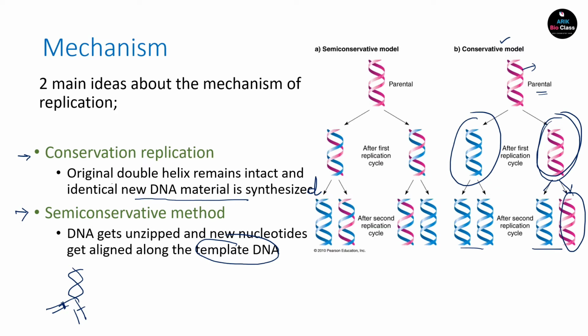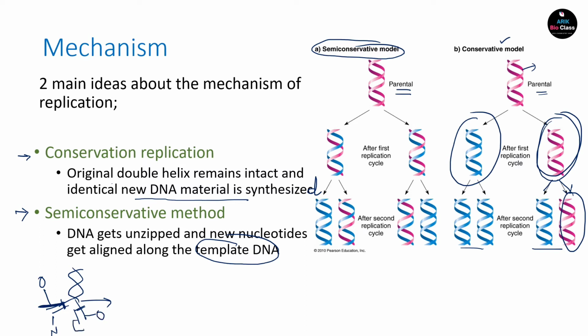Now what happens in the semi-conservative method? It is very important and the most accepted method. The parental DNA is this, and as I mentioned, it gets unzipped and certain enzymes work over here. One strand remains the original strand, and another is the newly synthesized strand.